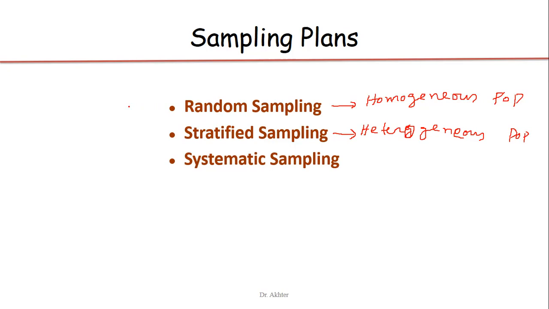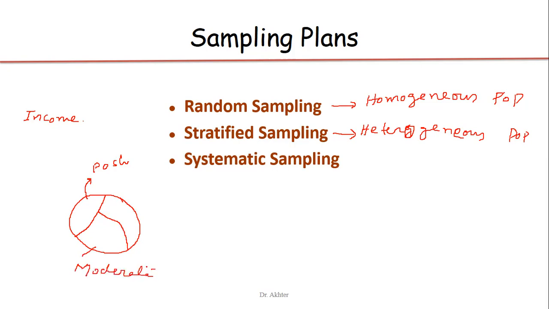For example, if we are selecting a random sample from Karachiites and we are interested in the variable income, then with respect to income, the population of Karachi can be bifurcated into three major segments: the population of people living in the posh areas, the population of people living in the middle income or moderate income areas, and low income areas.